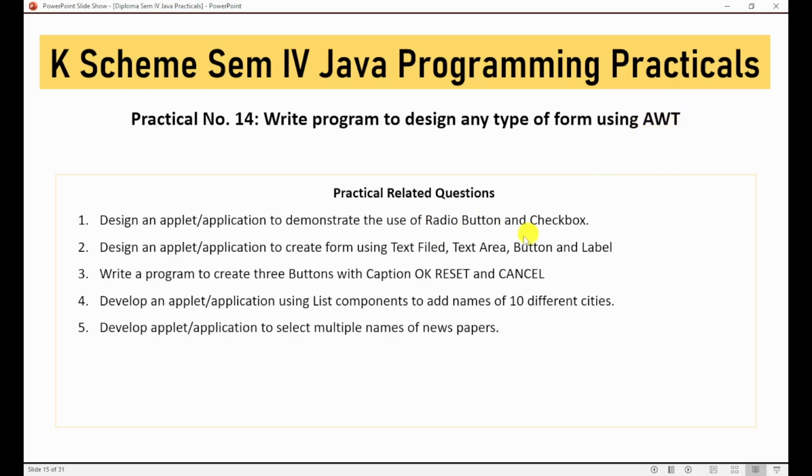We will use the Frame class as our parent class and add some controls to it. For question number 1 we will use only two controls, radio button and checkbox. There are a lot of controls available inside AWT, but we will see these two in the first practical, using Frame as our container.